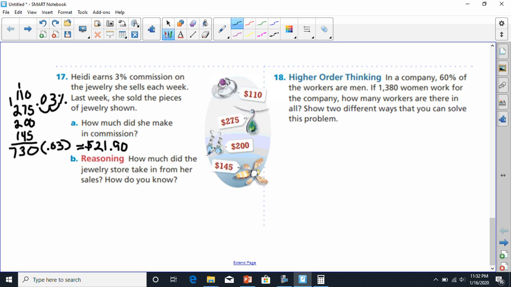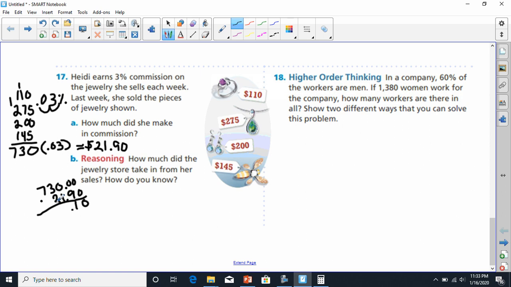How much did the jewelry store take in? Well, if she made $730 in sales and she took in $21.90, let's see, this is going to be 1.